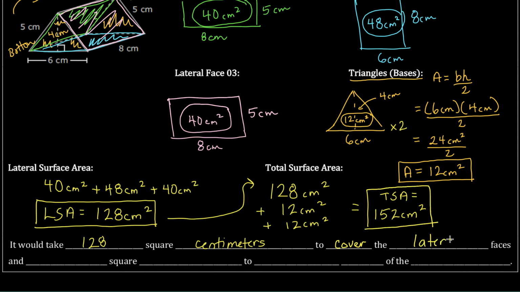So not the top and the bottom, just the other sides, so to speak. And 152 square centimeters to cover all of the faces, which include the top and the bottom faces. And that is it. Thank you.